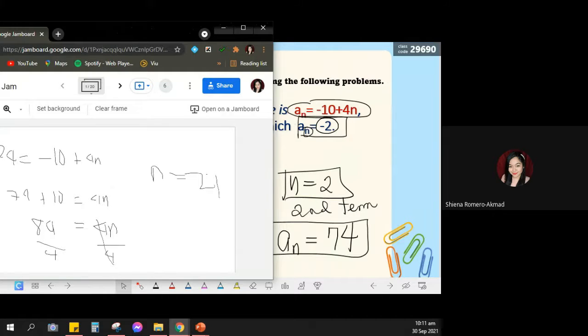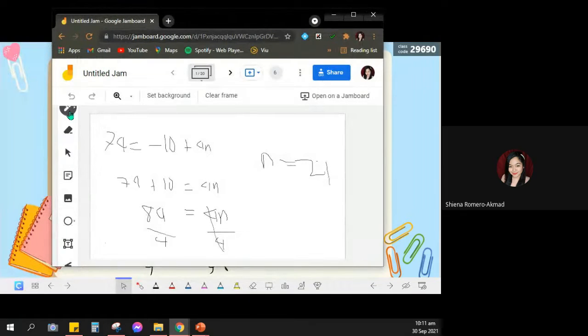Okay, sige, Bulan. Almar. Okay, so pang 21st term siya. And huwag kakalimutan na kapag ang hinahanap natin ay yung value ng n, it is always positive. Linawan lang natin.